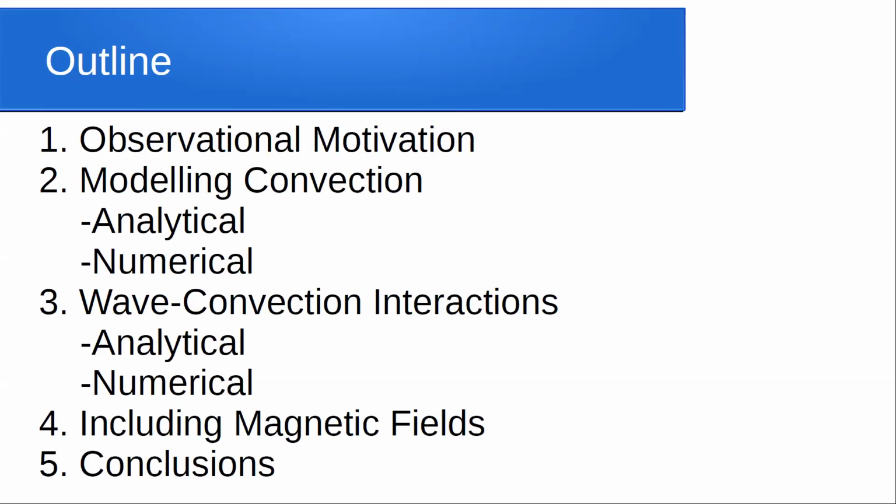Then I'll talk about how we can combine these convective models to have wave convection interactions, really looking mostly at the analytical side of things, since Tammy and company deal a lot more heavily with the numerical stuff. Then I'll talk just a little bit about how we can go about including magnetic effects into these analytical models and conclude from there.